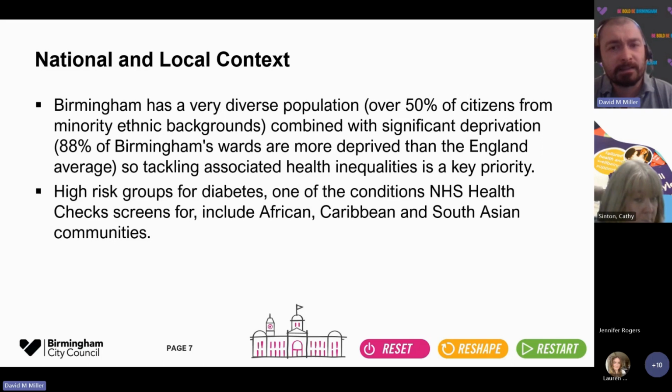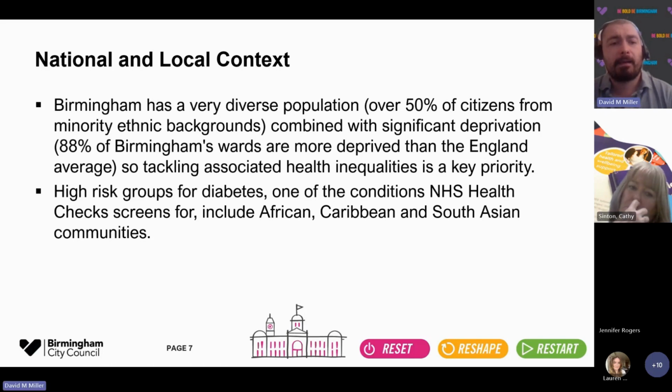That combined with the fact that there's significant deprivation, with 88% of Birmingham's wards more deprived than the England average, presents a significant challenge in terms of health inequalities, because certain ethnicities are more susceptible to certain health conditions, and also we're well aware that people who live in deprivation are much more susceptible to certain health inequalities and risk factors. So by delivering more NHS health checks, that's one of the ways in which we can tackle these health inequalities.